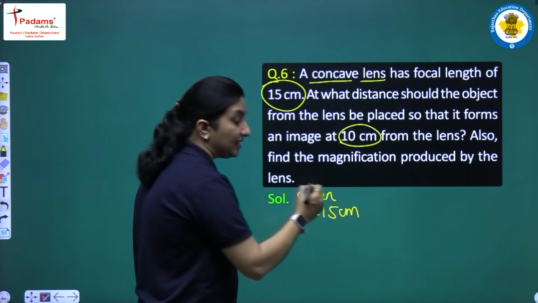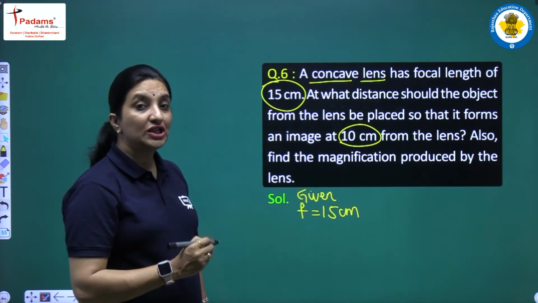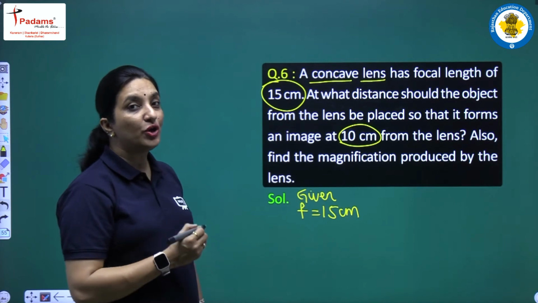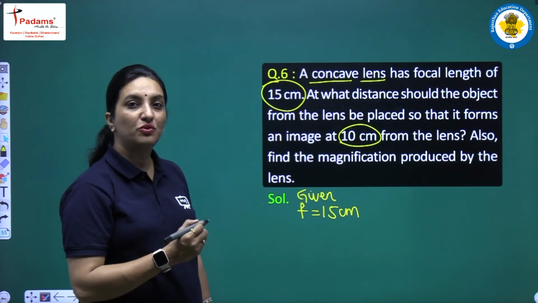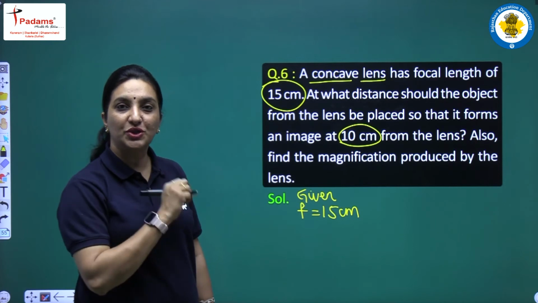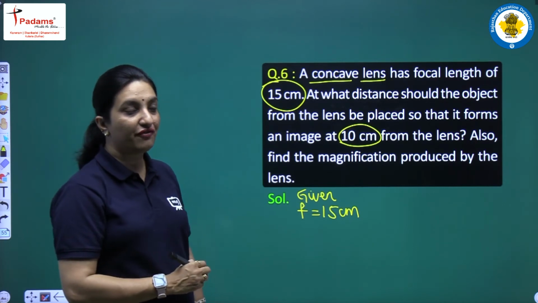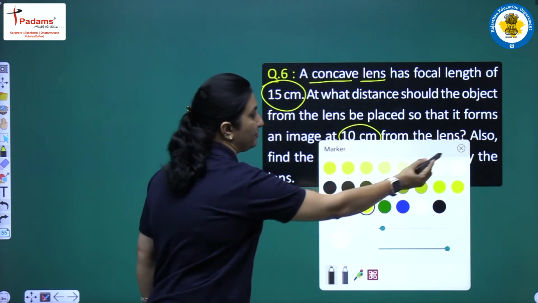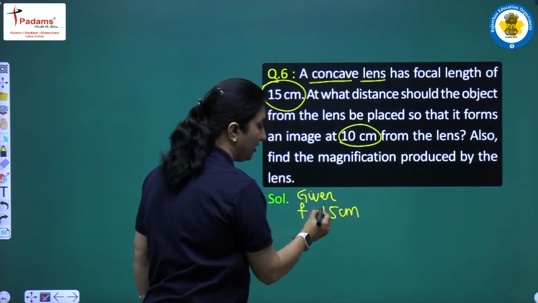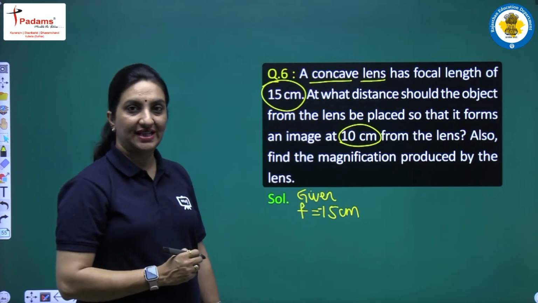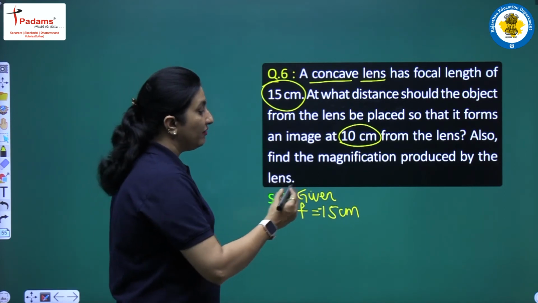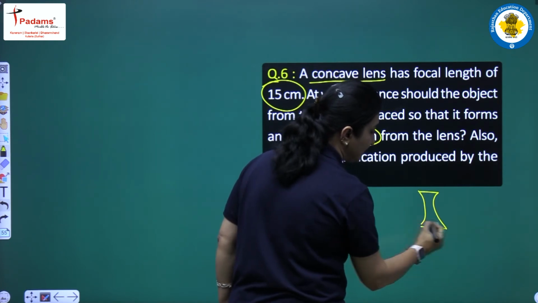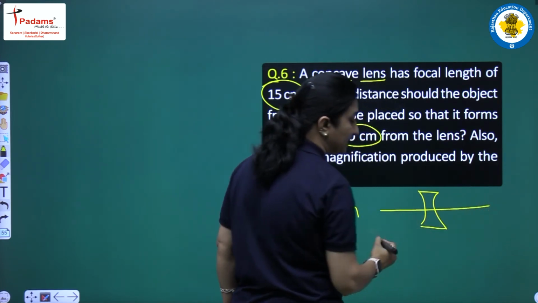Now since this is a concave lens, the focus is in front of the lens, and in order to measure the focal length we have to move in a direction opposite to the direction of the incident ray of light. So this focal length will be with a negative sign. So here we will draw, say, a concave lens like this, having a principal axis like this.